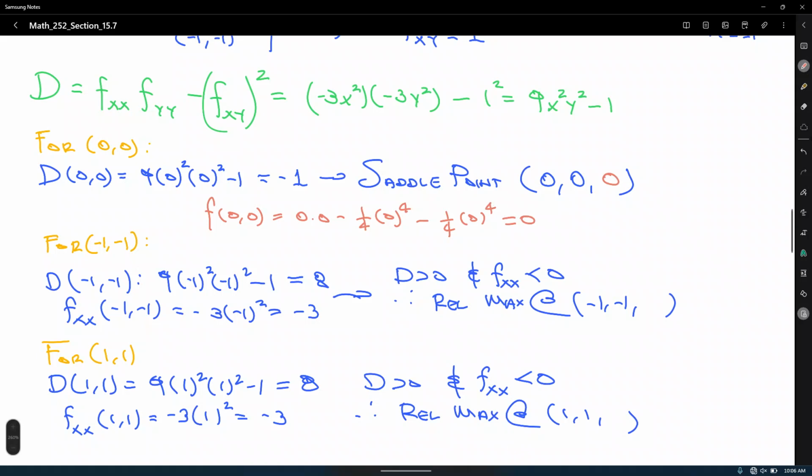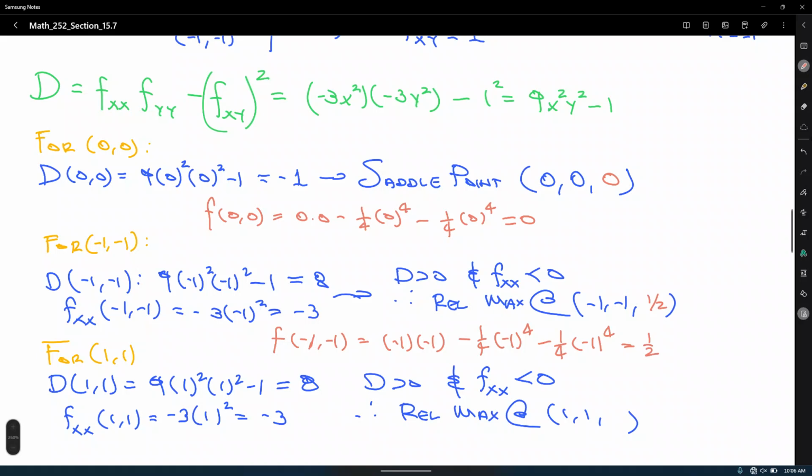What about the other two values? F at negative 1, negative 1 is negative 1 minus 1/4 times negative 1 to the 4th, minus 1/4 times negative 1 to the 4th. Simplifying all this, that should give us 1/2.